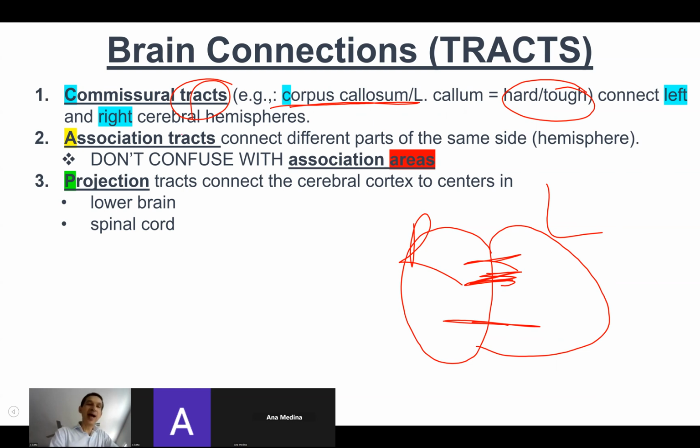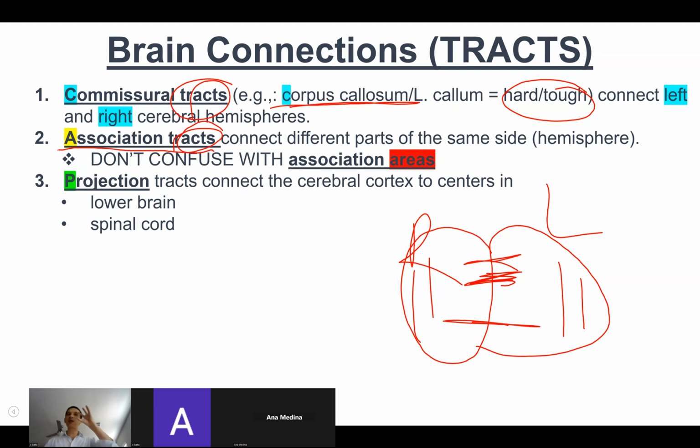There are also tracts, collections of axons within the central nervous system, that do not cross, that run either on the right or on the left. Those are called association tracts. Don't forget that association tracts does not mean association areas.